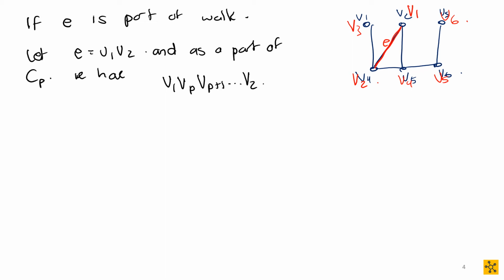So remember, our cycle doesn't have to be very, very short. Here it is short, so we have V1 and V2, V2 and V4. So what we're doing is we're saying V1, V4, V2. So let me just show you a different example so you can actually see what's happening there.